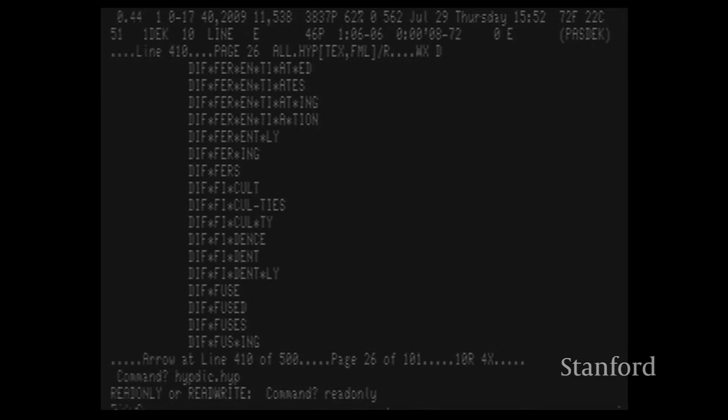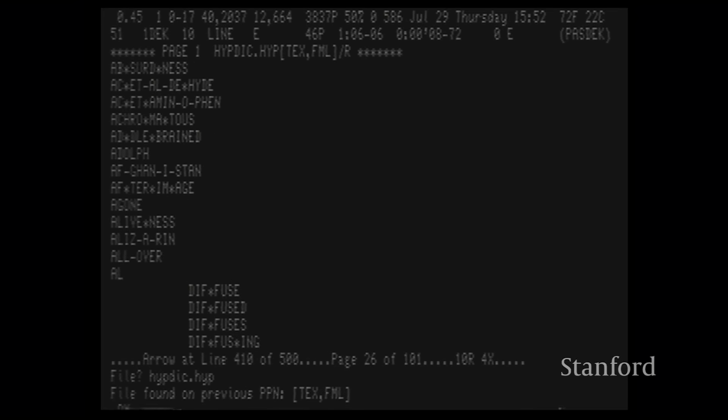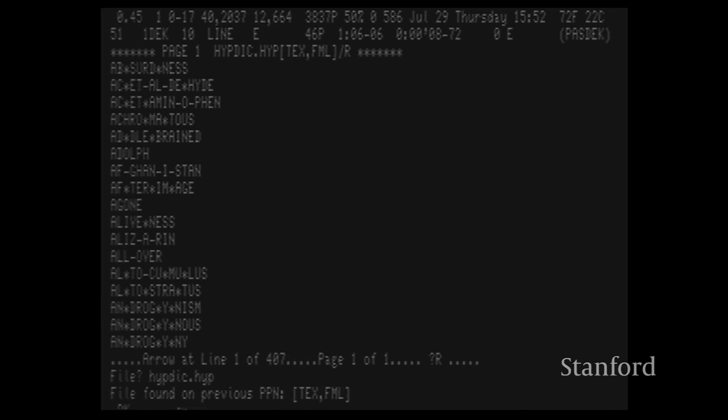A lot of them are modern words, words that have gotten into the language recently, or are of some interest. We wanted to make sure that we didn't make errors on these words. For one reason or another, they weren't in the pocket dictionary.